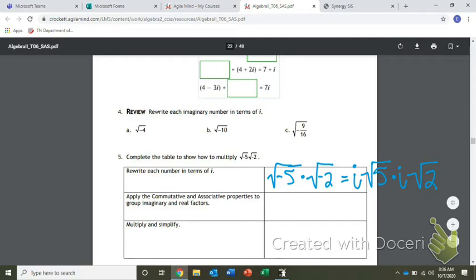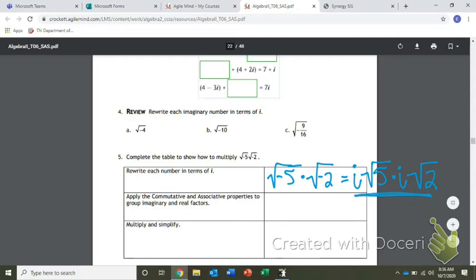Okay? Now, it says, apply the commutative and associative properties to group imaginary and real factors. So the commutative and associative property is one means the order does not matter, and the other one means you can group them. Okay? So, how many i's do I have in this equation right here?